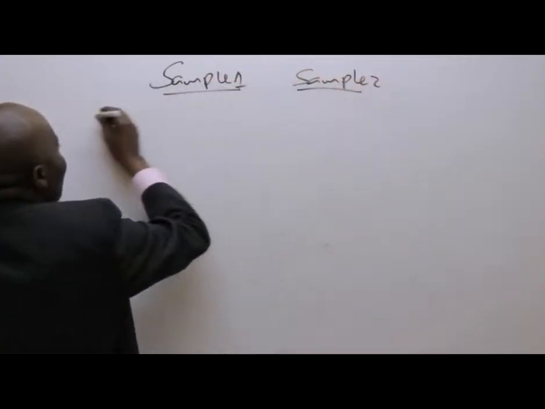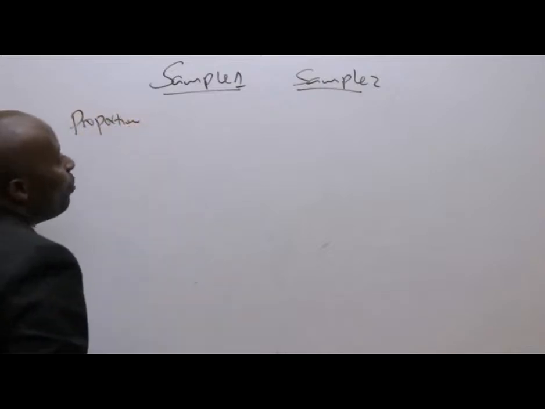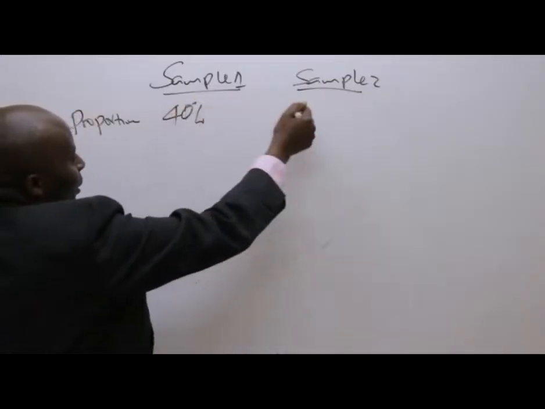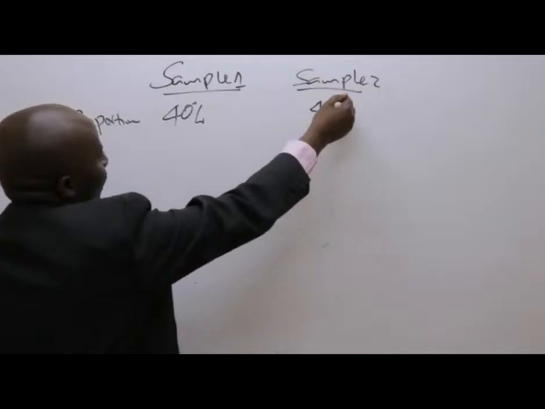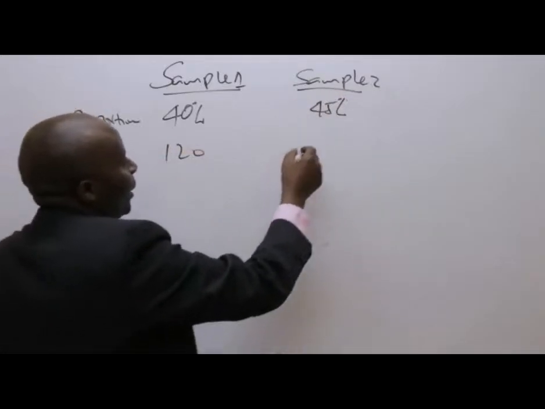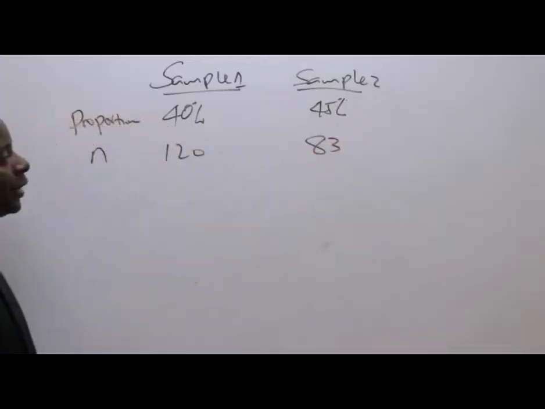We have our proportions: this could be 40%, this could be 45%. They have given us N: N here is 120, N here is 83.